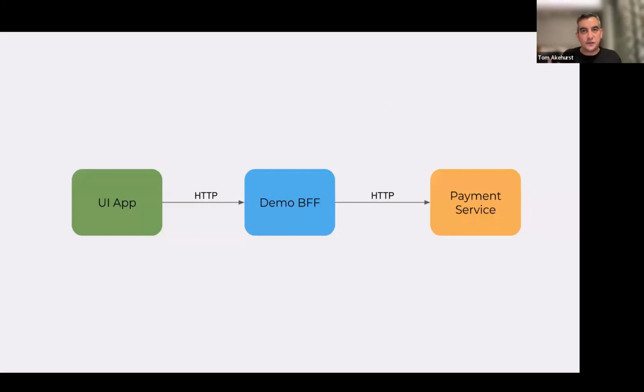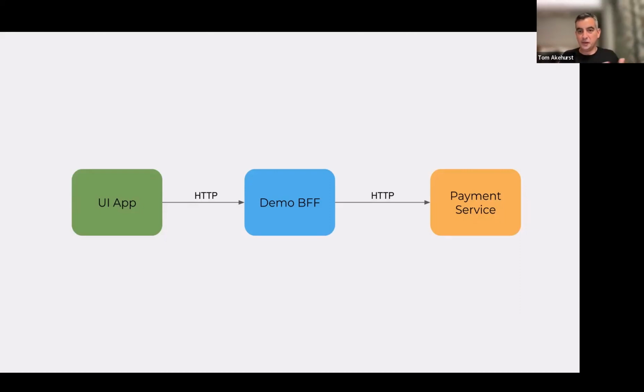Finally, before I get into my demo and showing you some code, I just want to introduce the concept of this demo application that I'm going to use. Essentially, it's a BFF, a backend for front end type microservice. In practice, it's only got one API route in it, which allows you to pay for a certain quantity of a product. And this is how it might look in production.